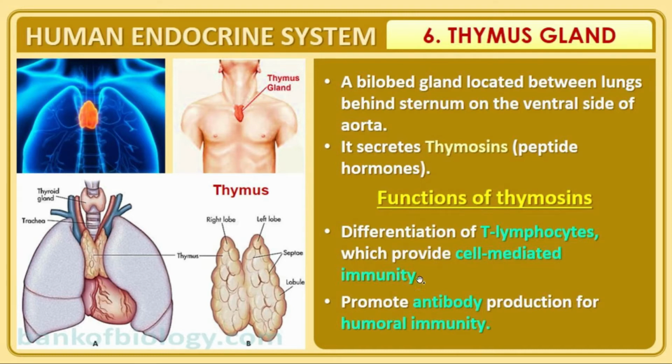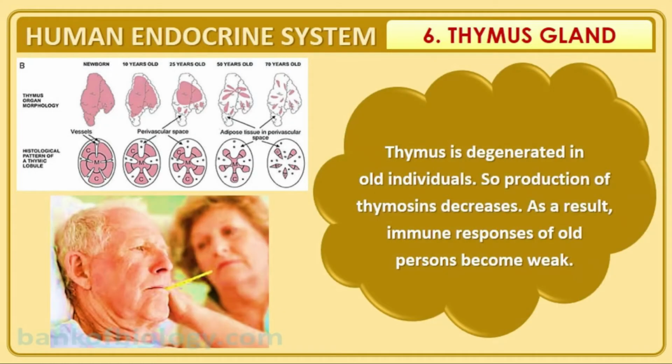Yes. So thymus is present in between the lungs, and it secretes thymosin. It differentiates T lymphocytes which provide cell-mediated immunity, and also it promotes antibody production for humoral immunity. The thymus is degenerated in old individuals.